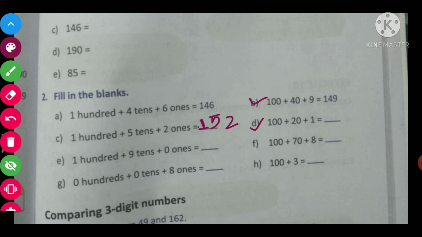First, you can add 100 plus 20 plus 1, it will become 121, right? Or the second method is you just see the place value of this digit. As you can see 100 is there, that means this value is placed in the hundreds place, so the value is 1. Now we'll make 3 blanks. So 1 is in hundreds place, that's why 20 is added.